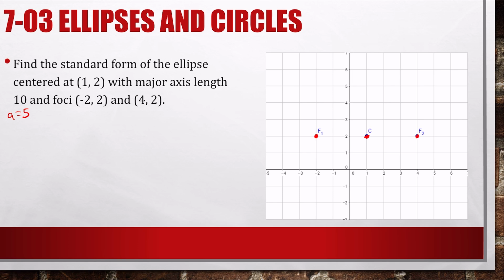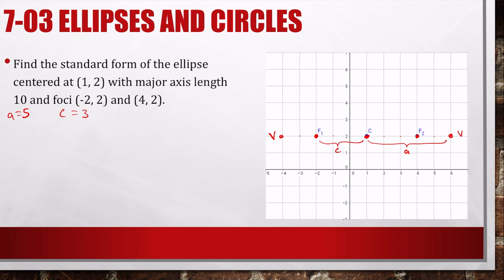And so the major axis goes through the center and the foci. So if a is 5, I can count 5 spaces away, and that would be a vertex away from the center. So that distance is a. Well, we also know c. This distance is c. c is 3.